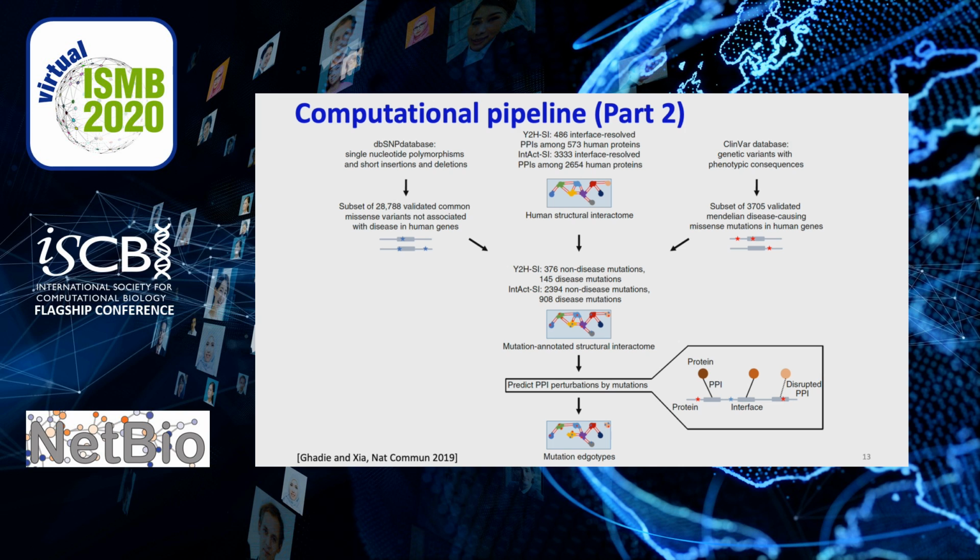Next, we used the structural interaction information to predict the edgotype for each mutation. We predict that a mutation edgetically disrupts a specific interaction if the mutation occurs on the interface mediating that specific interaction with significant change in binding free energy. We then repeated this edgotype calculation for all mutations.